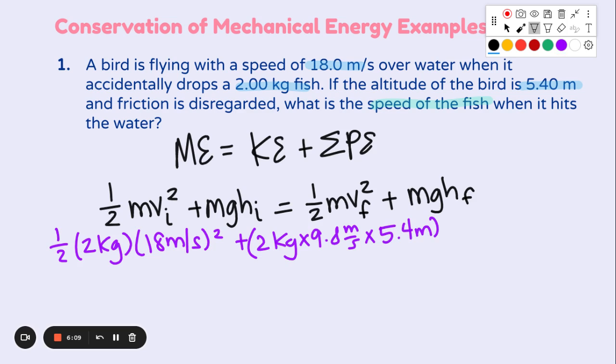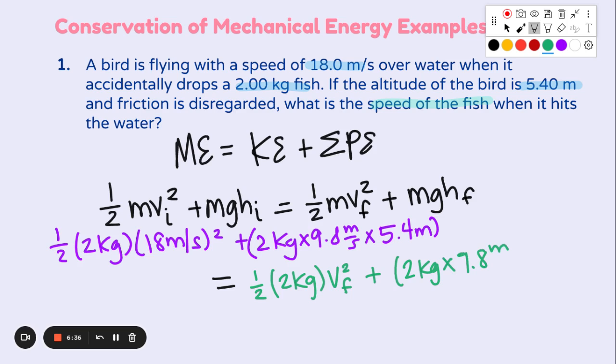And then this is all going to be equal to your final values, which I'm going to do in green. We are solving for final velocity, so that's 1/2 times 2 kilograms times v squared final, plus your mass of 2 kilograms times, again, gravity of 9.8 meters per second squared.